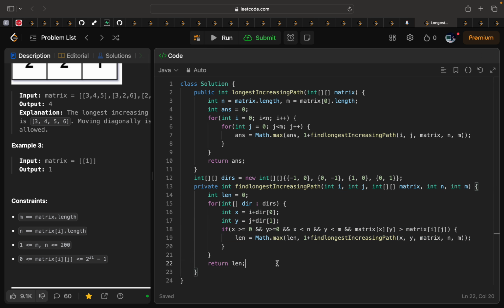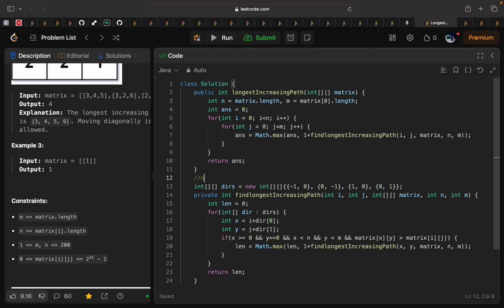Okay, then what should be its time complexity? N into m, we are iterating every cell, so I think its time complexity should be n into m into n plus m, or it will be greater.